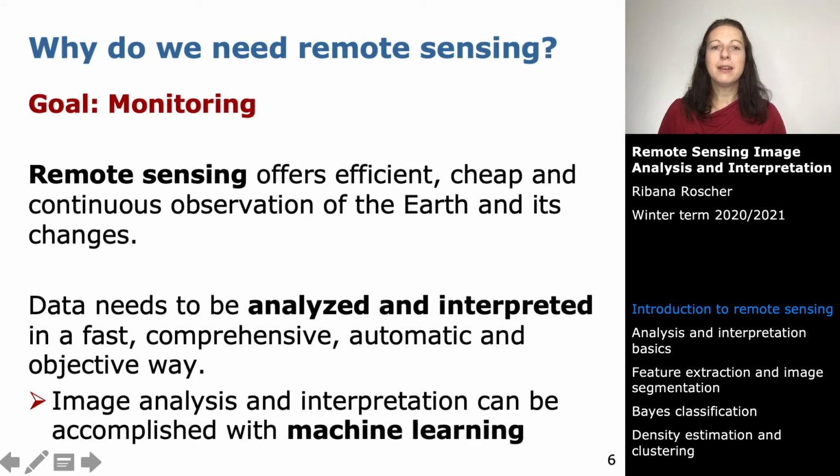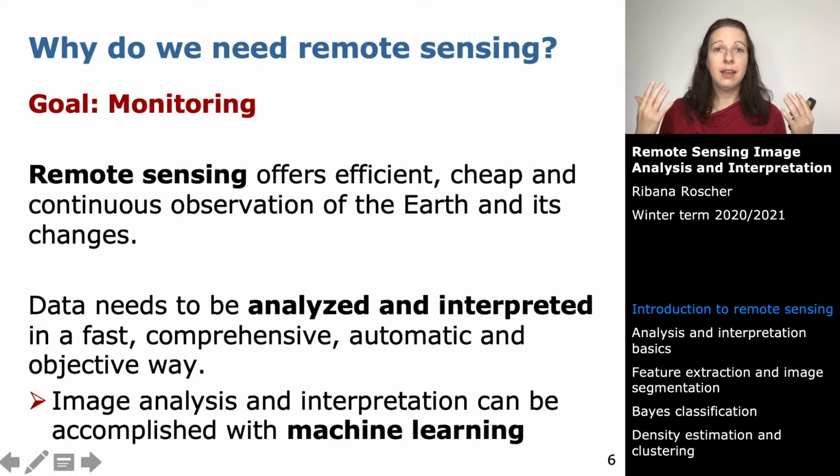But now you might ask, that's all interesting, but why do we need remote sensing exactly and how can it help us? The overall goal of remote sensing is monitoring. That means remote sensing offers efficient, cheap, and continuous observation of the Earth and its changes.